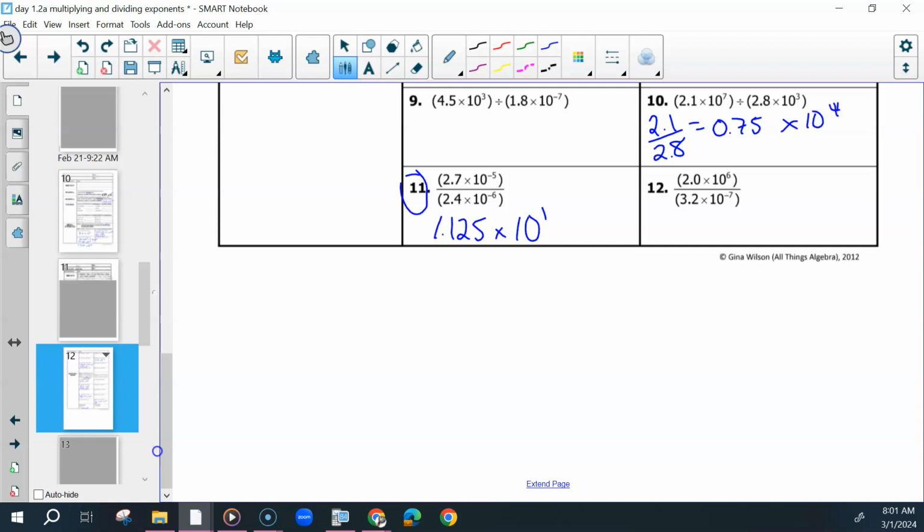Because the decimal is not between 1 and 10, we have to move it to the right. So our new exponent would be, so we're moving it to the right, so we have to subtract 3 to the third. Is that a 4? Yeah, it should be.